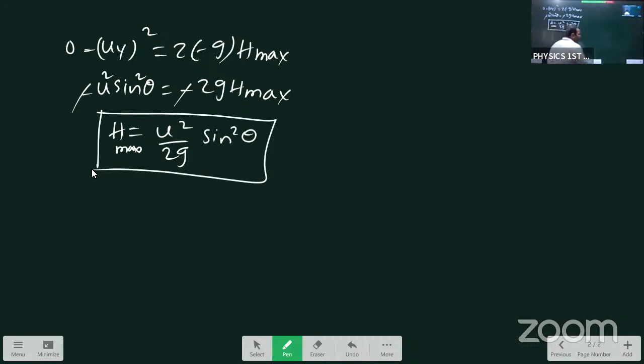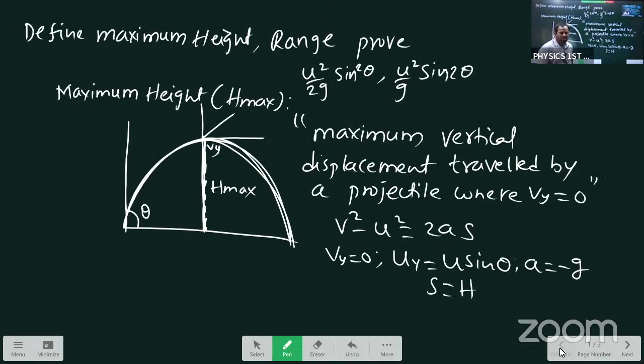So today our topic is about maximum height and range. Maximum height is the maximum vertical displacement, maximum vertical distance traveled by a projectile where Vy, the vertical component, equals 0.